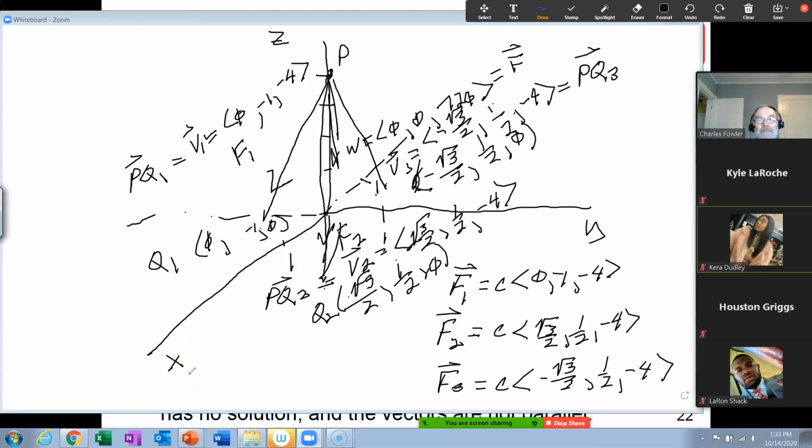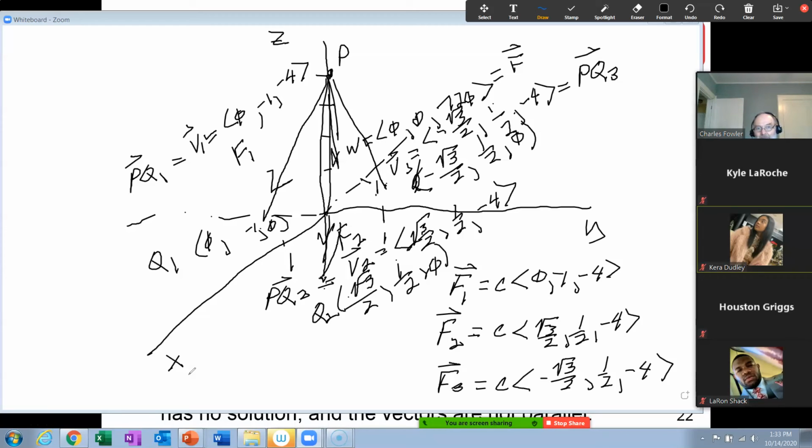Now so if you added those together, C would be common on all of them. So then, what are we supposed to find? The force exerted on each leg as a vector. Okay, so we're wanting to know what F1 is.